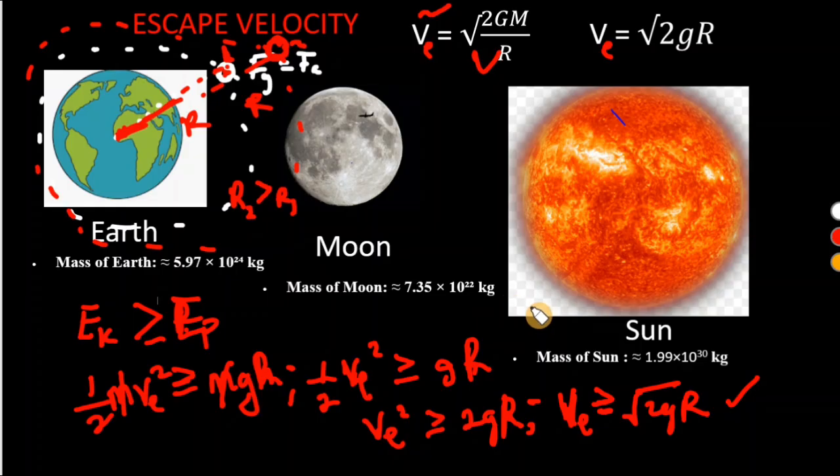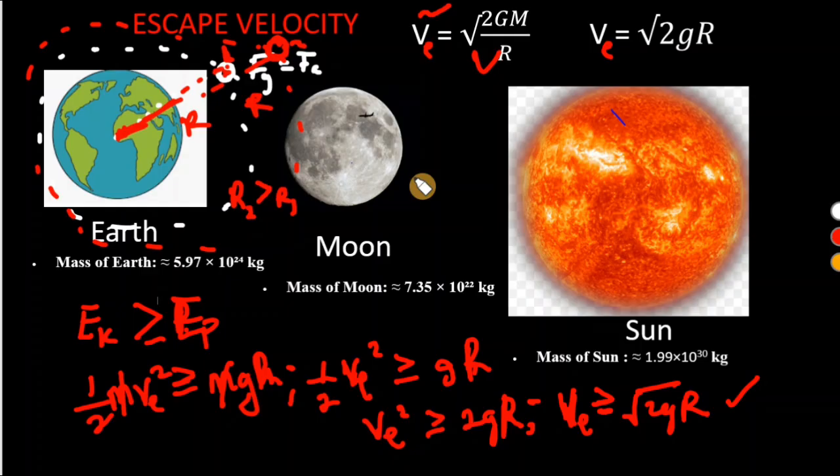So it means that if we have the same body with equal distance from the centers, for a body to leave the gravitational influence of the sun, it will require greater kinetic energy, unlike when the body is on the surface of the earth or the moon, because the sun is more massive than the earth and moon.